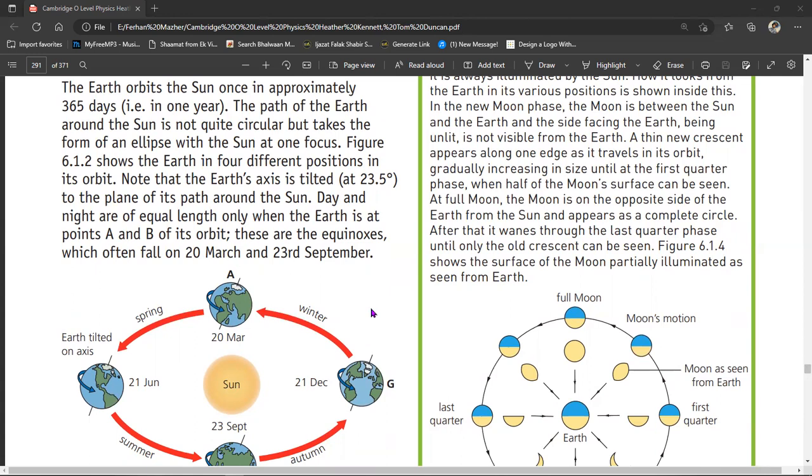Note that the Earth's axis is tilted at 23.3 degrees to the plane of its path around the sun. Day and night are of equal length only when the Earth is at the points A and B of its orbit. These are the equinoxes, which often fall on 20th March and 23rd September.